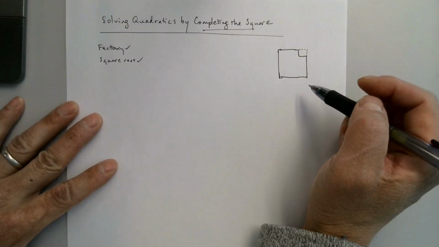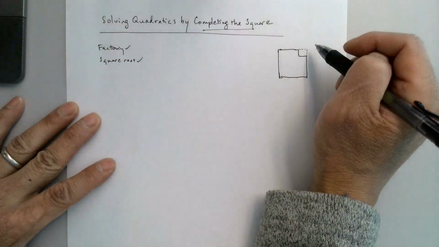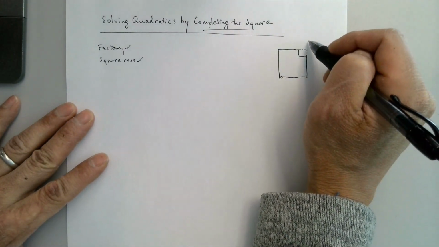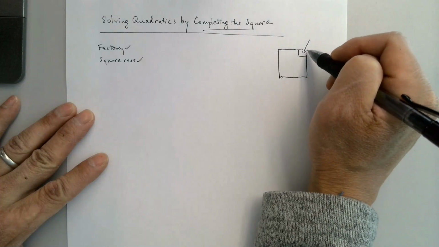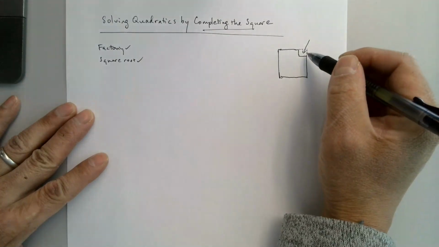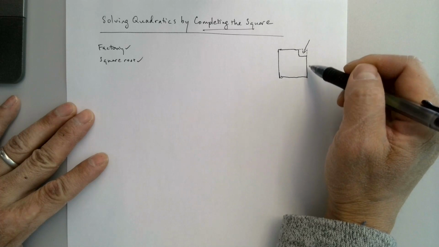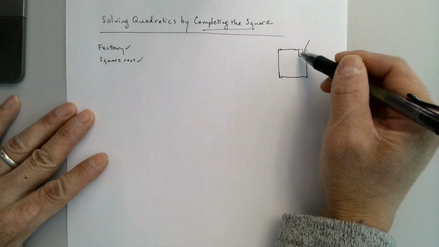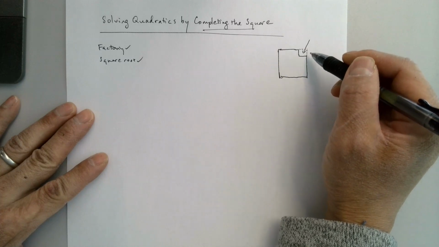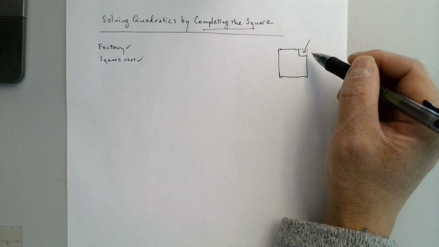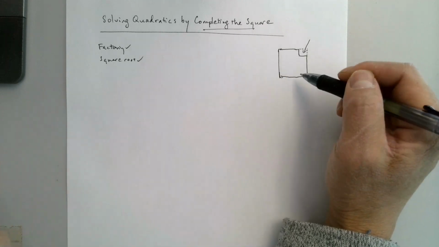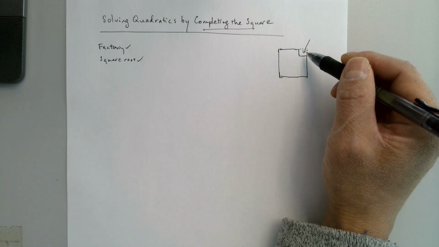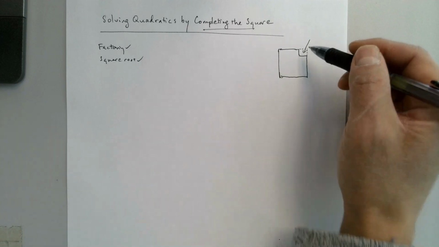Think of this method as literally and physically completing a square by inserting a little tiny square and attaching it to this nearly perfect square that's missing its corner. So we are looking for that piece to complete this larger square. And that little piece that we're inserting here is itself a square, a smaller square.